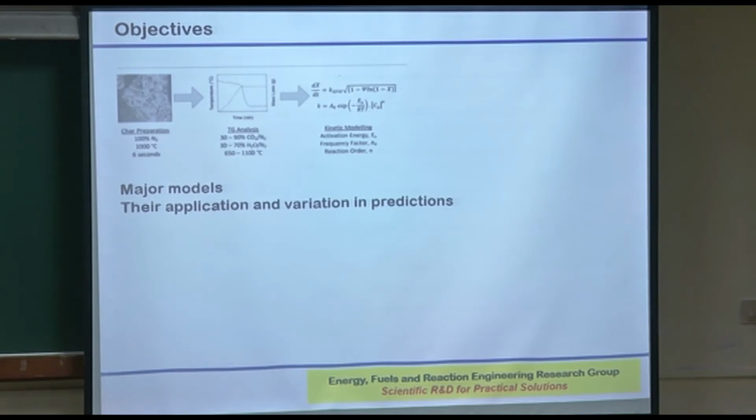Whether that usefully predicts the behavior of your char or not. It may be, it may be not. And if not, then you find out why not. And if you see that all models have different predictions which are not matching with the experiments, then you know that this model is not good or this model is not good, etc.